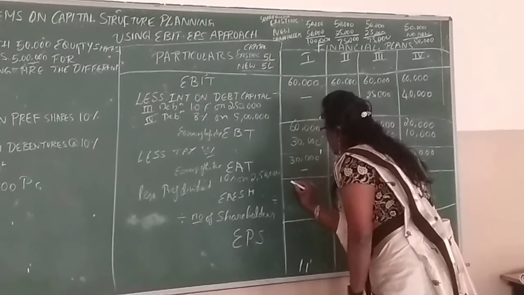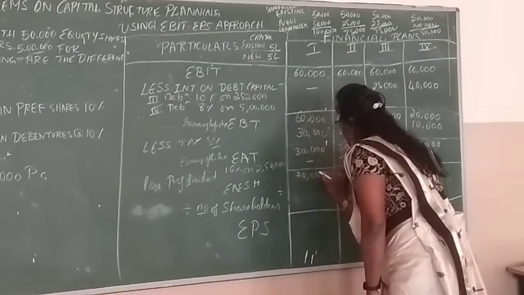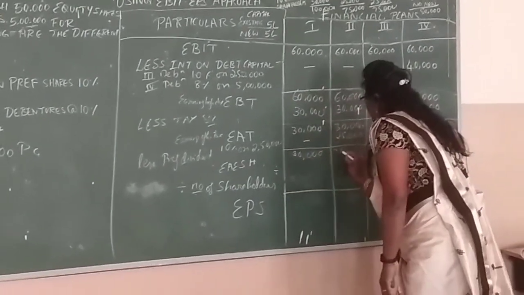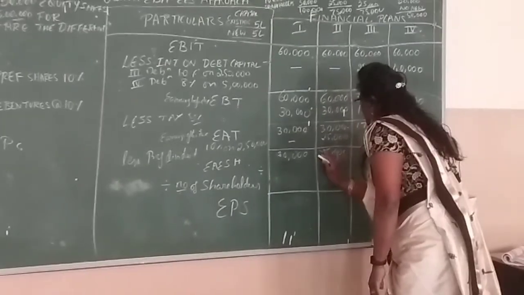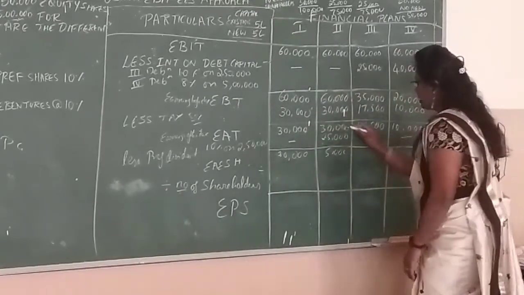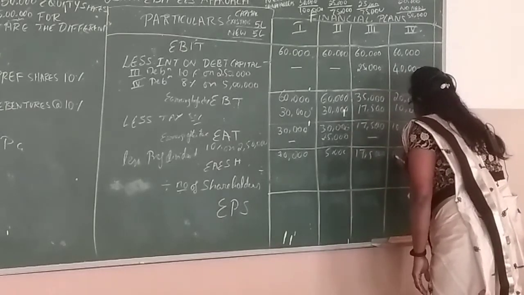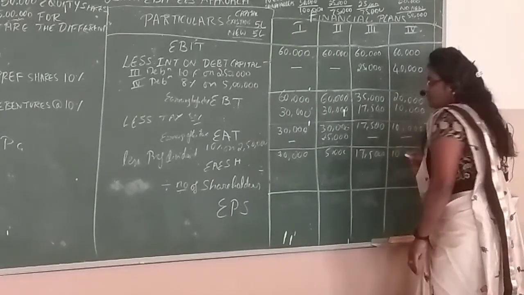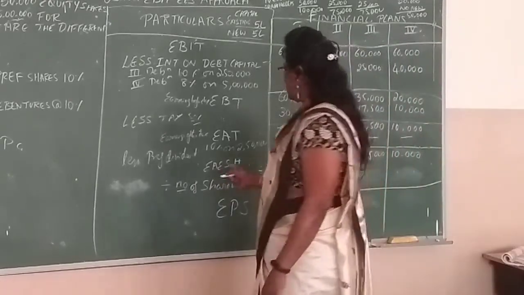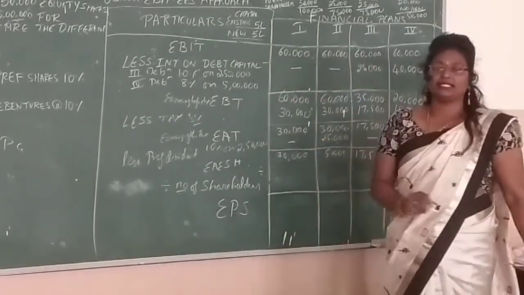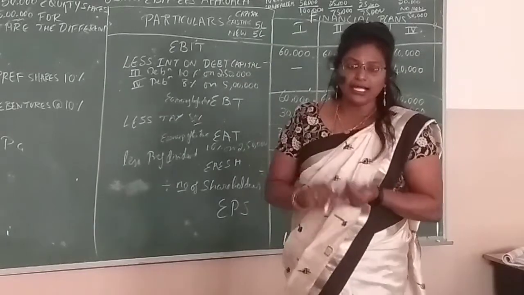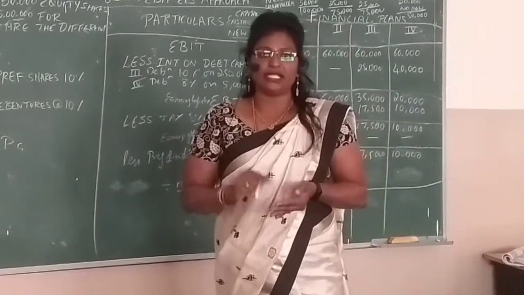We will get EASH. Let's understand what is EASH. This is 5,000. This is 30,000 as it is the same. This is 5,000. This is 17,500, and this is 10,000. This is what we call EASH: earnings available for equity shareholders.